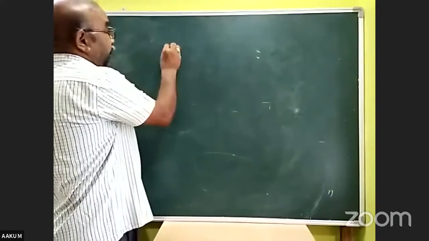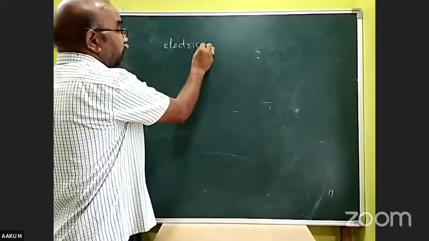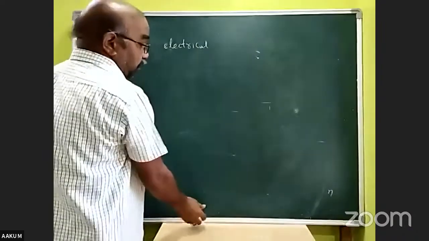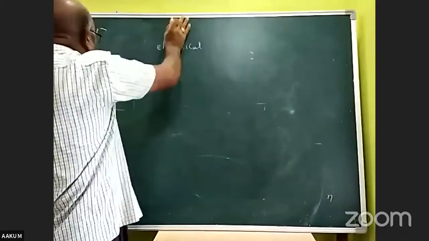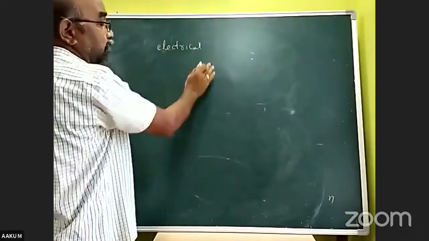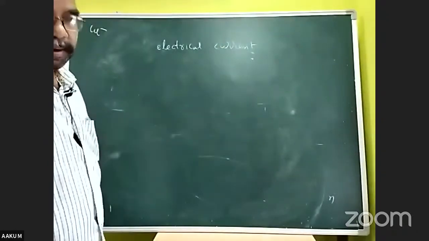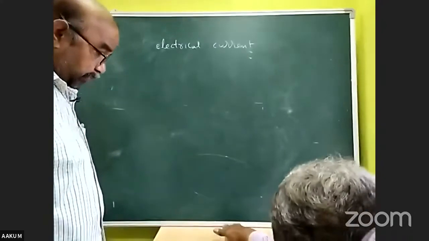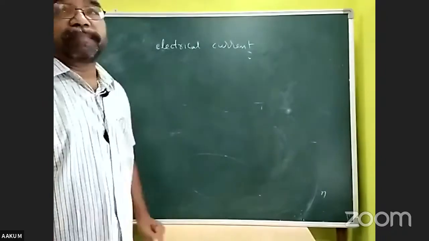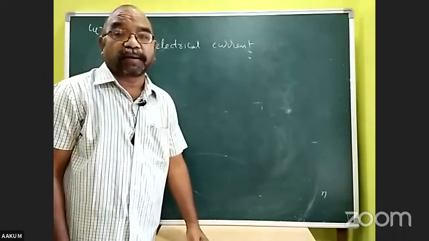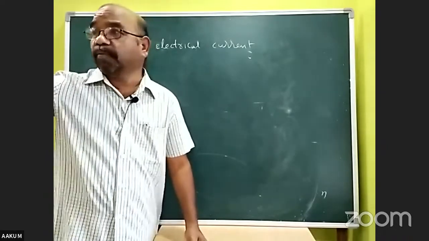Electrical current. Electrical current means flow of electrical charges through a conductor in unit time or in 1 second.